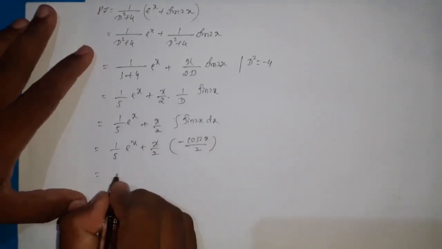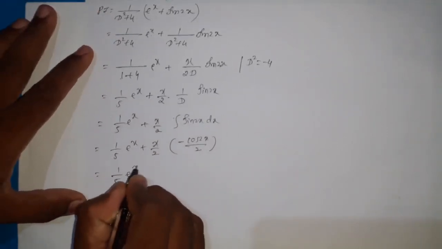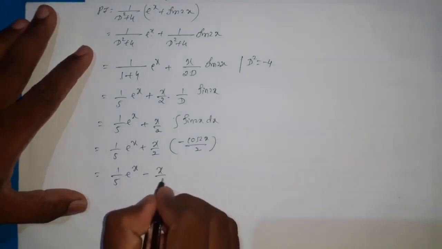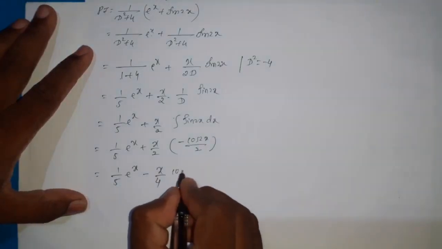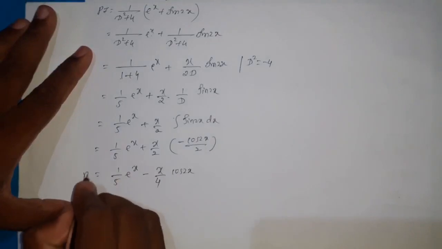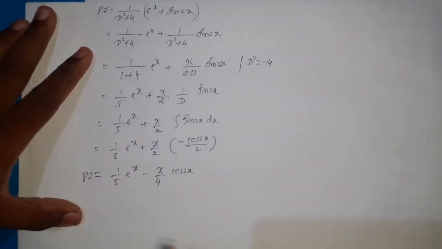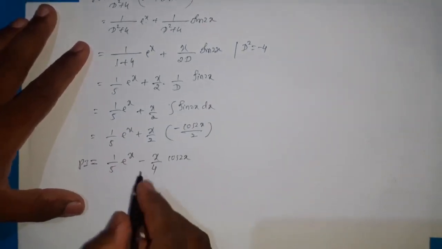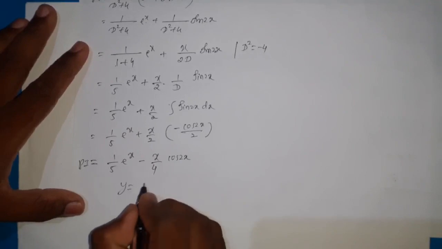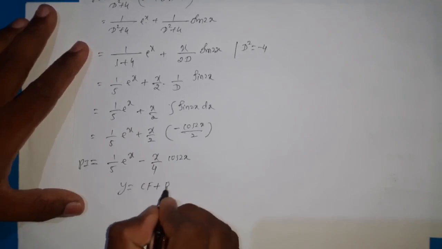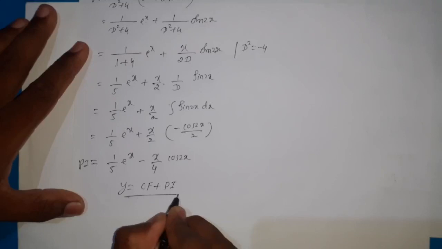Therefore it is 1 by 5 e power x minus x by 4 cos 2x. That is the required particular integral, and finally write the complete solution y is equal to cf plus pi.